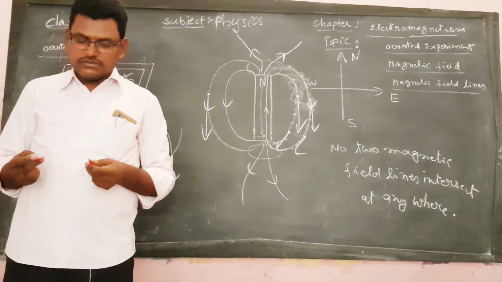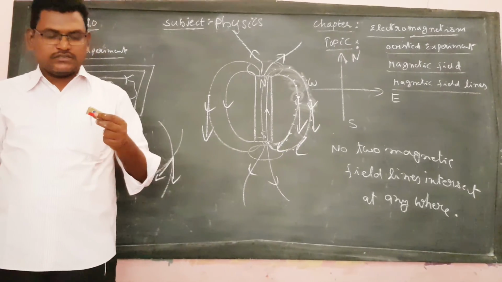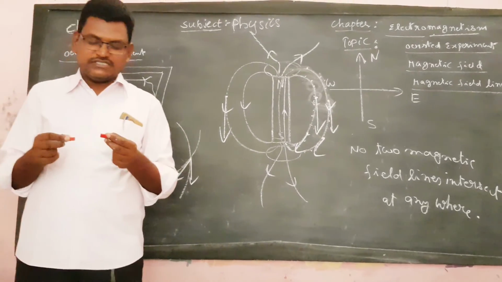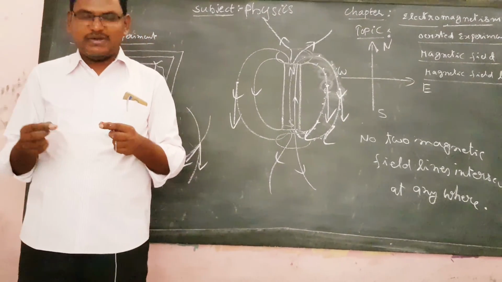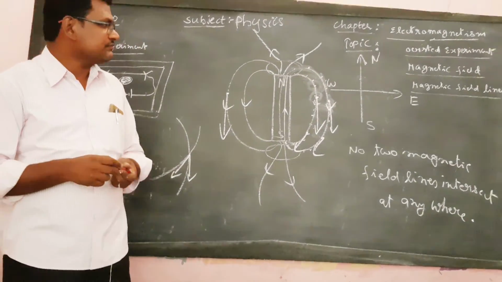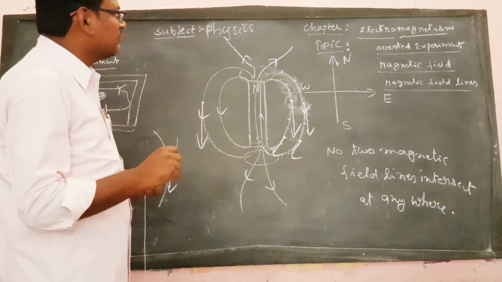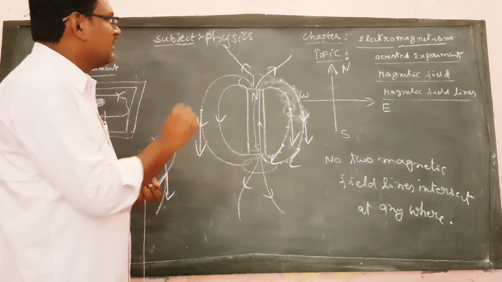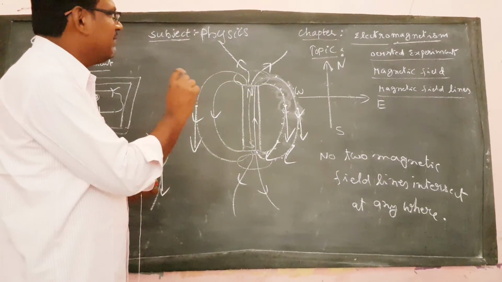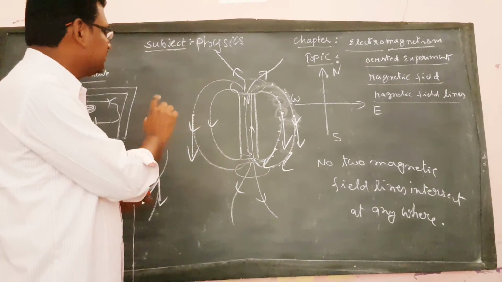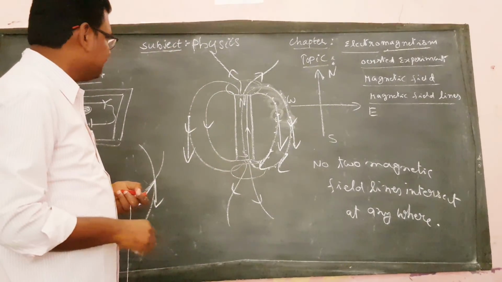Further, like poles of two magnets repel each other, and unlike poles of two magnets attract each other. So this is the information about the Oersted experiment, magnetic field, magnetic field lines, and the strength of the magnetic field. Okay.